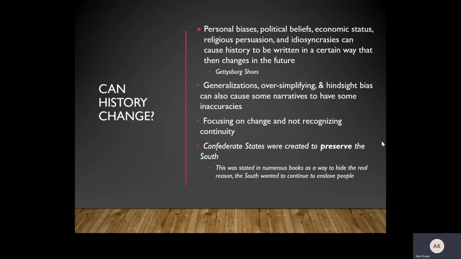So a lot of times things that can happen in history are generalizations, oversimplifying, and hindsight bias that also cause narratives to have some inaccuracies.